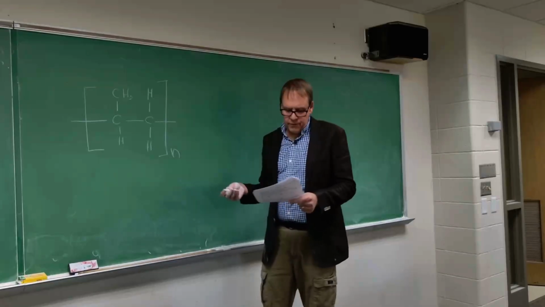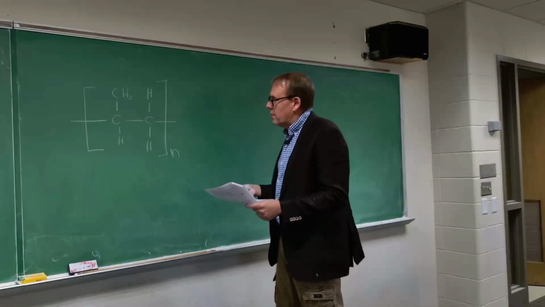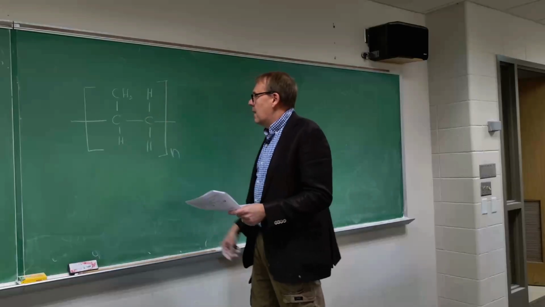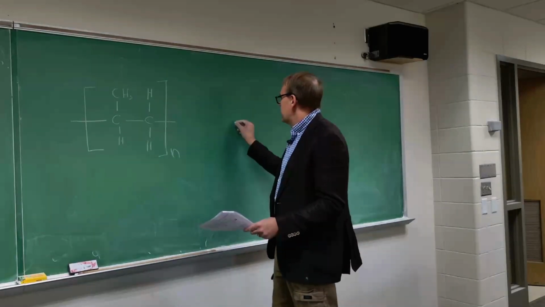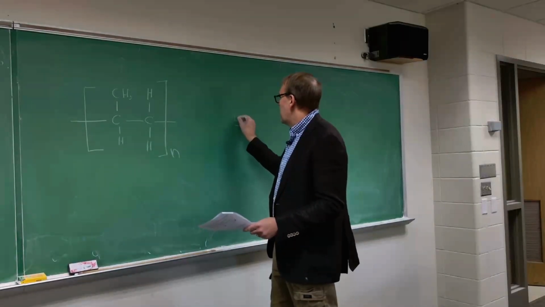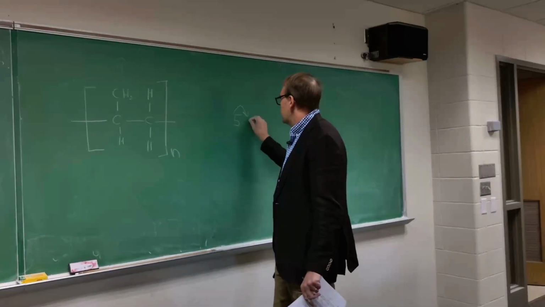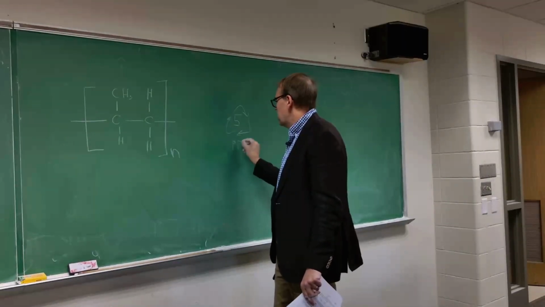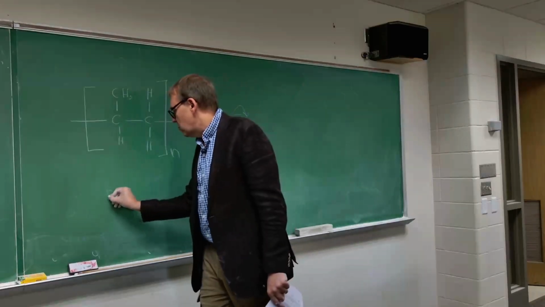So what does this come from? It comes from a monomer that would have these atoms in it and a double bond here. But this molecule has recycling symbol number 5. So this has got that, and then there's a PP below it because this is what's called polypropylene.